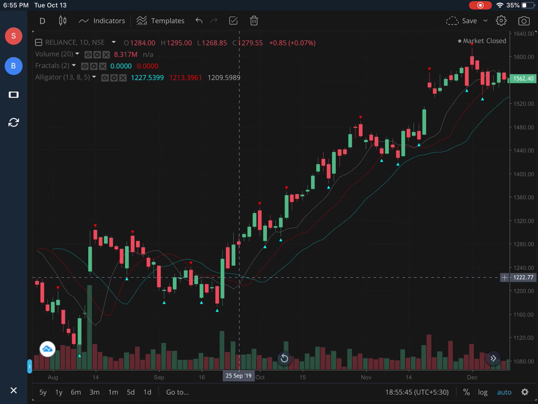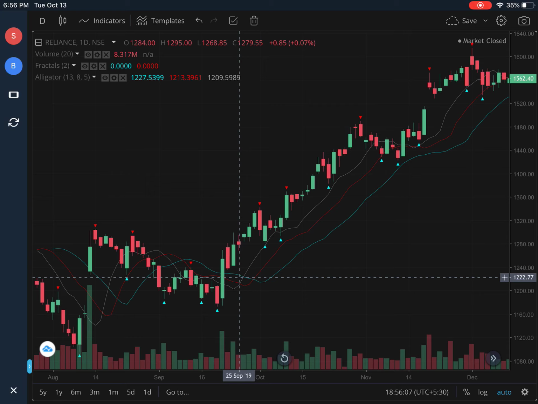There are three lines: one is the green line, one is the red line, and one is the blue line. The lowest one is the blue line, and all the three lines are in phase. In phase means that the first line is above the second, which is above the third.